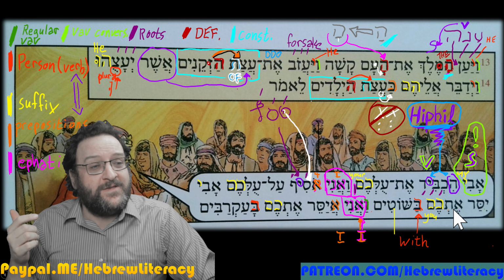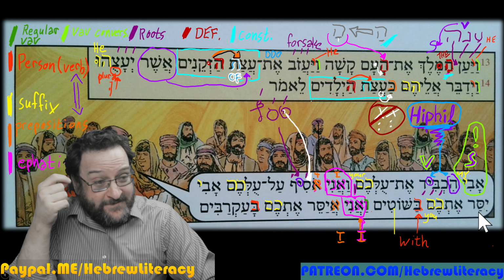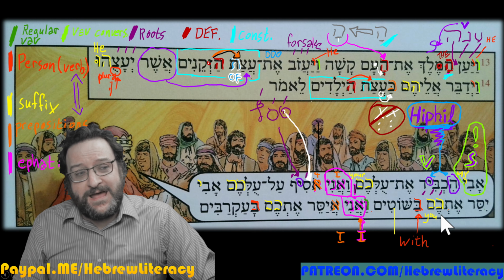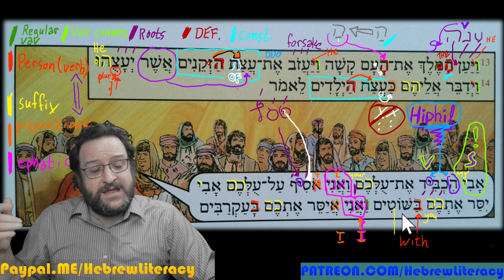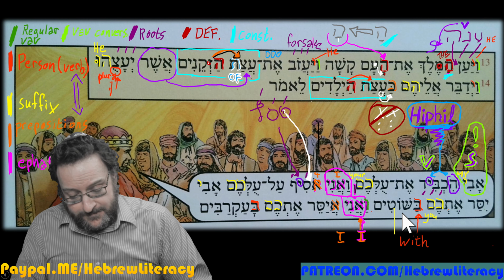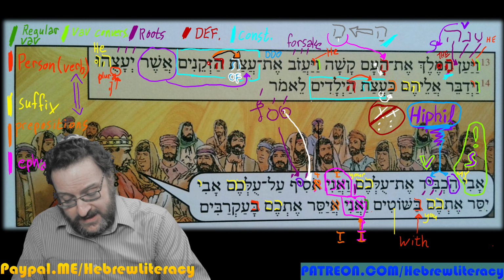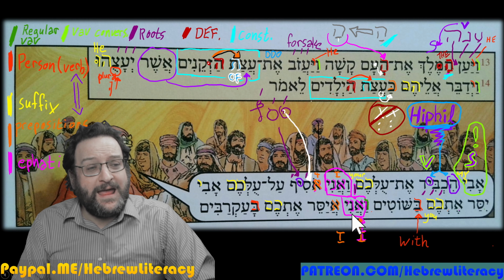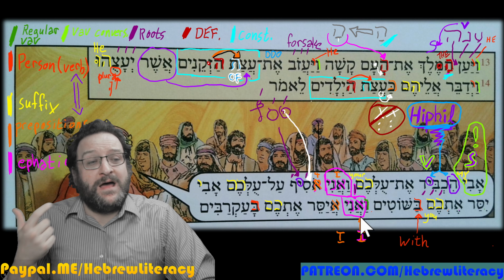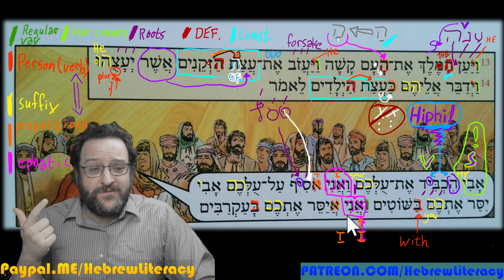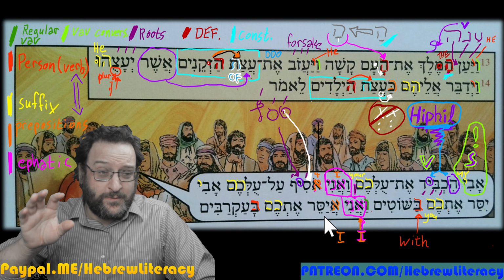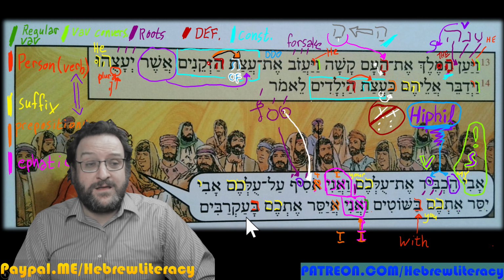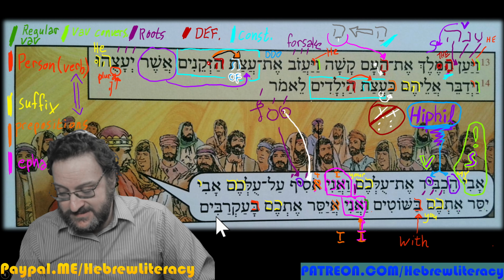Avi, my father, Yisar, again, it's subject verb, so it's my father, Yisar, chastised etchem, you all, bashotim, with whips, with scourging. Va'ani ayaser, but I myself will correct, will chastise etchem, you all, ba, with the akrabim, scorpions.